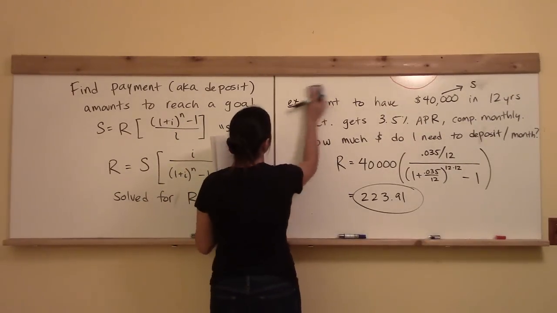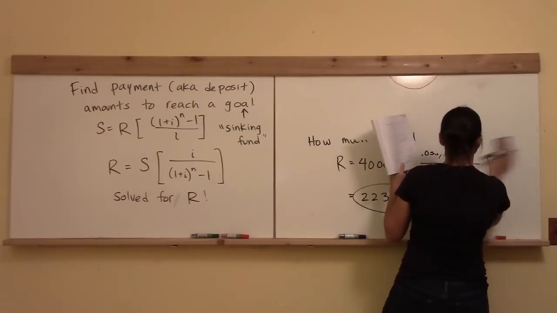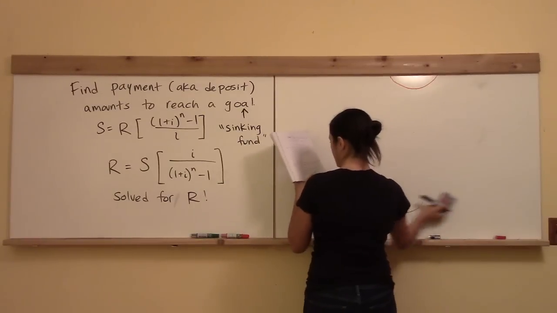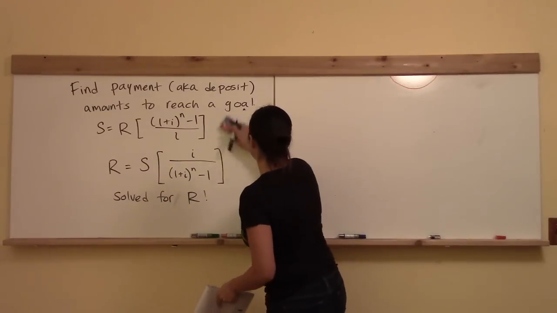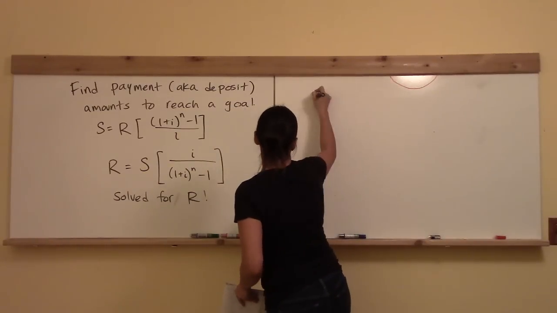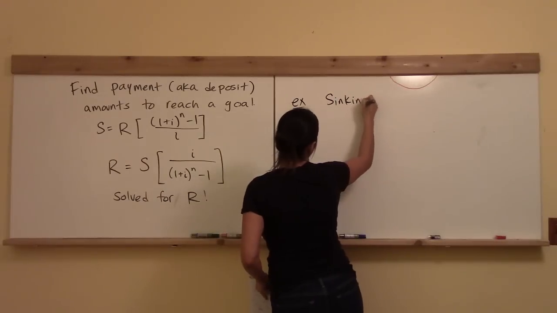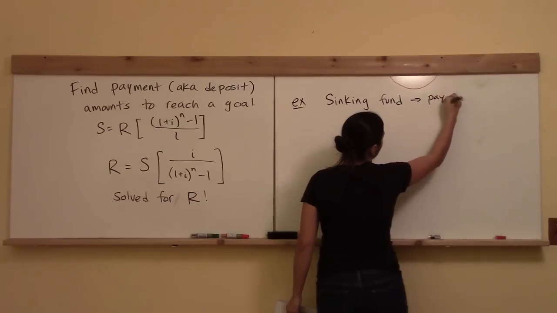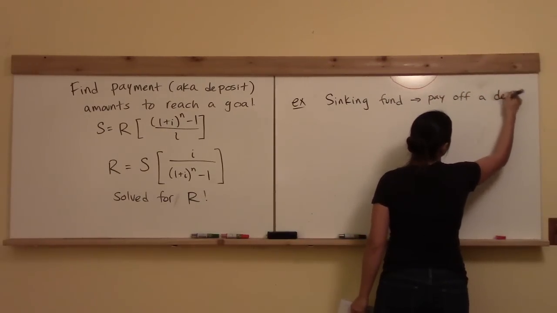All right, so let's do another one like that, and I'll leave that up on the board over there because we might have to use this again. Okay, so let's do the sinking fund one. Before I said sinking fund over here, let me just reiterate what I meant by this. I'll call it a separate example. Sinking fund. A sinking fund is when you have to pay off a debt in one large sum.